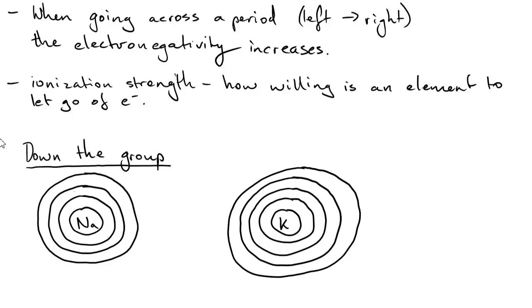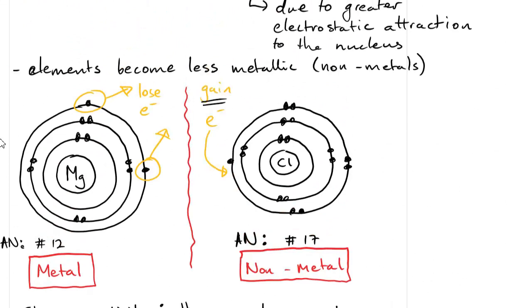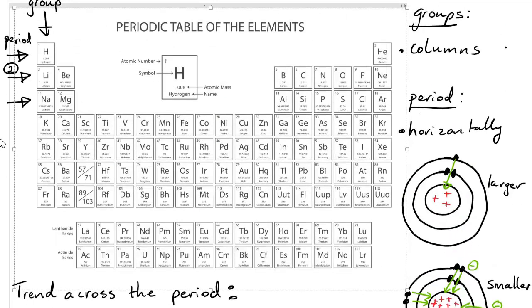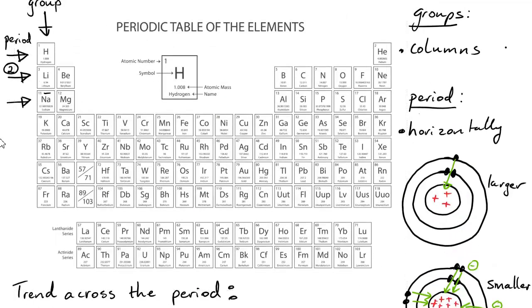Now, going back up, sodium is number 11 and potassium is number 19. So basically what that means is potassium has 19 protons in it, and sodium has 11 protons in it.